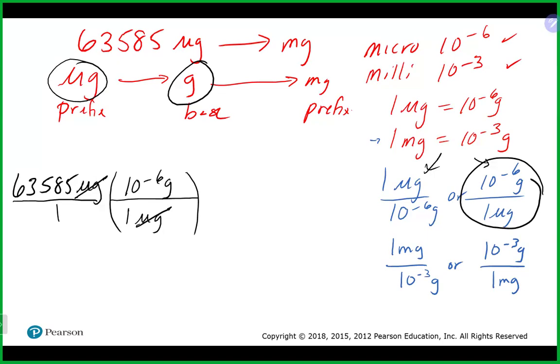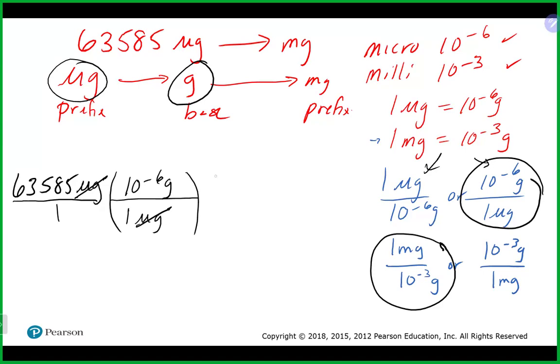This is also really important to set it up like this because now I can clearly see the units of grams are up on top, which means to get rid of them, I need to put them on the bottom. So I can use the conversion factor on the left or right there. I need to use the one on the left, again, opposites. The benefit to doing this, besides the fact that's the way you need to do it, is it will make the math part a lot easier if you just think opposites, right? And you can clearly see where things are.